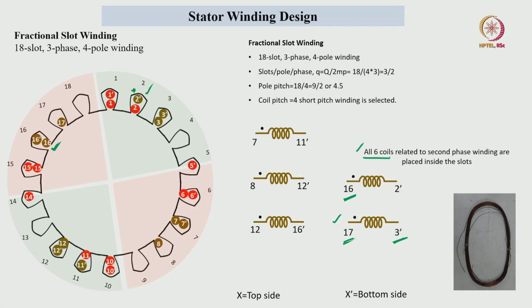All 6 coils related to the second phase winding are also done. We can see under each and every pole 1.5 slots are accommodated with respect to the second phase.